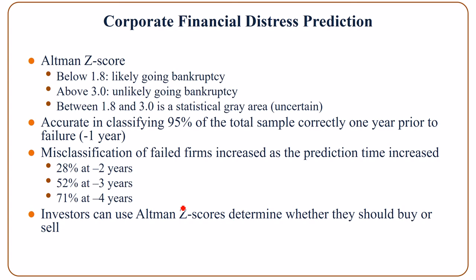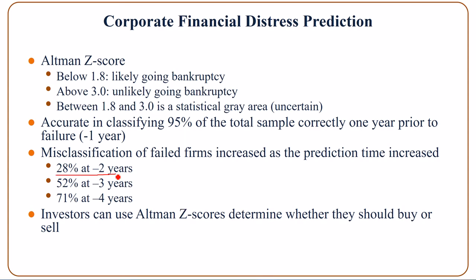The model was accurate in classifying 95% of the total sample correctly one year prior to failure. Misclassification of companies that went bankrupt increased as the prediction time increased.